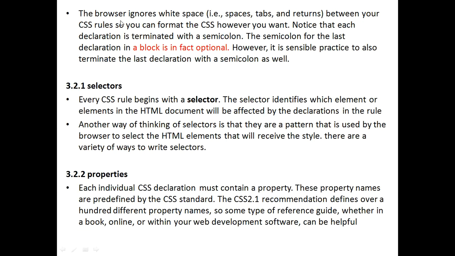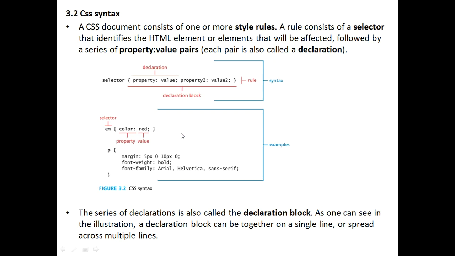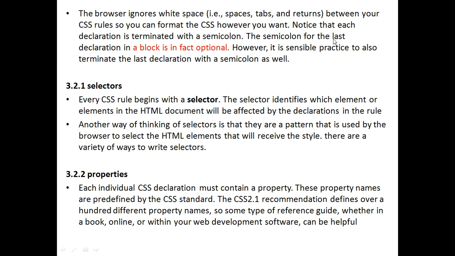Now next, the browser ignores white space, that is spaces, tabs, or returns between your CSS rules. So you can format the CSS however you want. Notice that each declaration is terminated with a semicolon. The semicolon for the last declaration in the block is in fact optional.